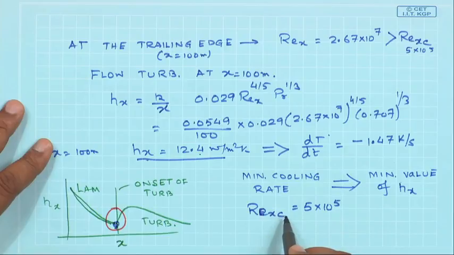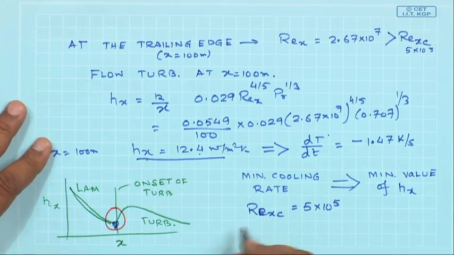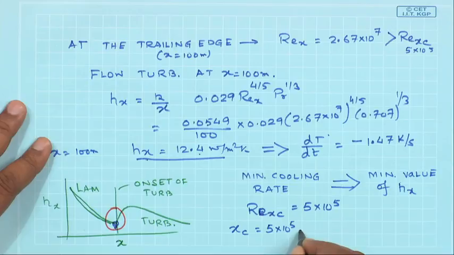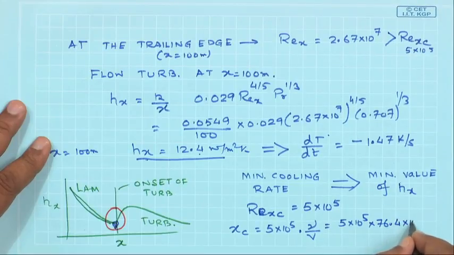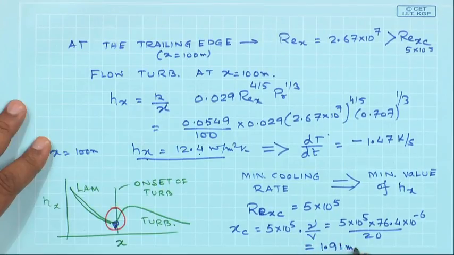So, for Re_x equal to 5 into 10 to the power 5, you can calculate the value of x_c, which would be 5 into 10 to the power 5 times nu by V from Re_xc, and this would be 5 into 10 to the power 5 into the value of kinematic viscosity divided by the velocity, and this equals 1.91 meter.